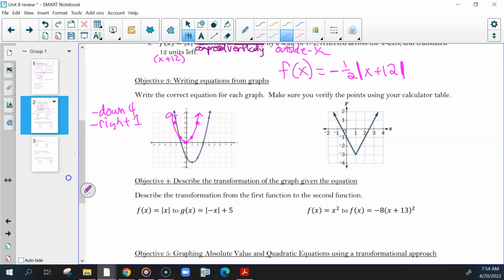This is a U, so that's going to be your x squared. Putting all of those things together, we have f of x equals, we need our inside thing, x, this would be opposite, so minus 1. And this is a quadratic, so we need it to be squared. And then our outside thing, minus 4.